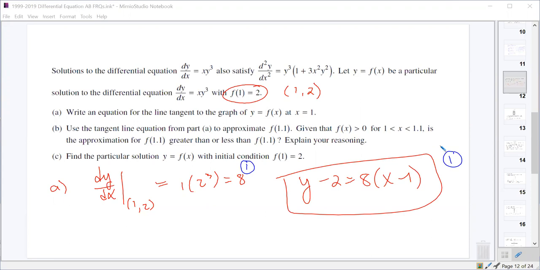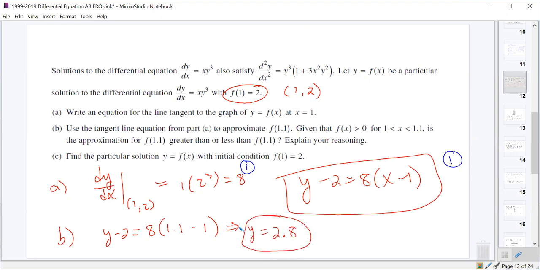All right. Part B says use that to approximate f of 1.1. So y minus 2 equals 8 times 1.1 minus 1, or y equals 2.8. That's worth 1 point.